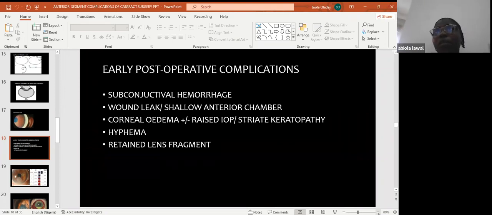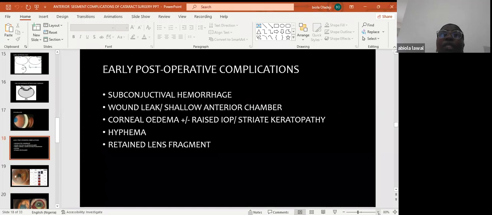One important factor is instrumentation, trauma to the endothelium during surgery. So it's important, as much as possible, to coat the endothelium with dispersive viscoelastic or the soft shell technique. That will help to protect the endothelium against trauma.